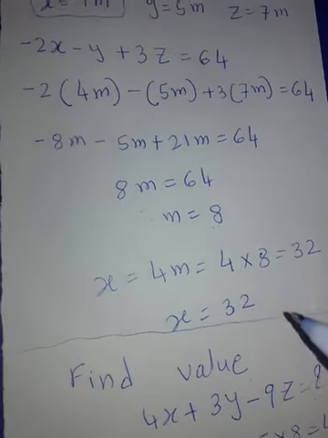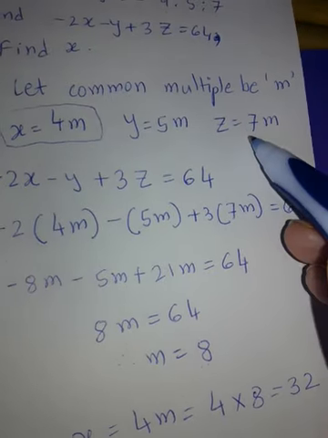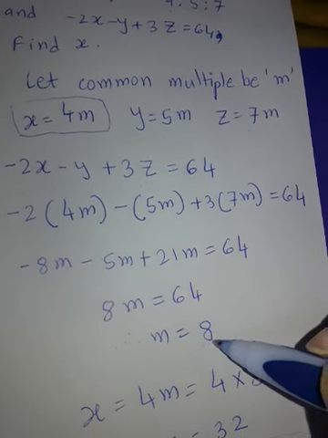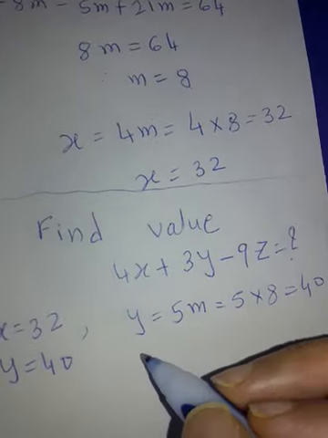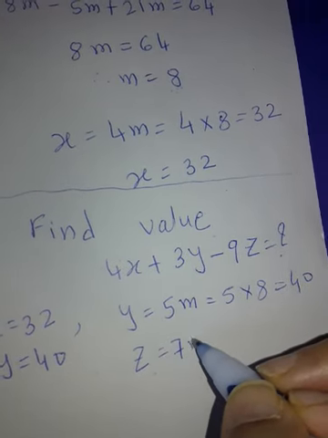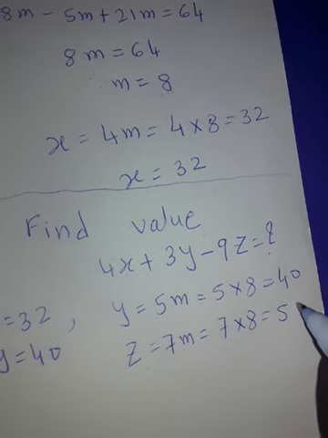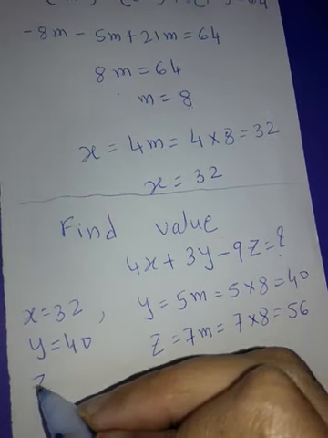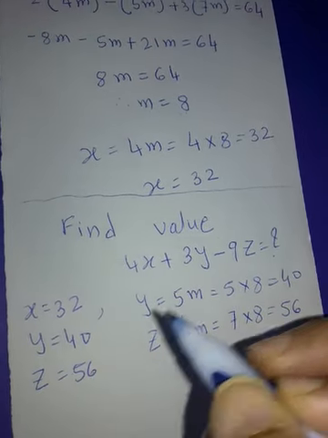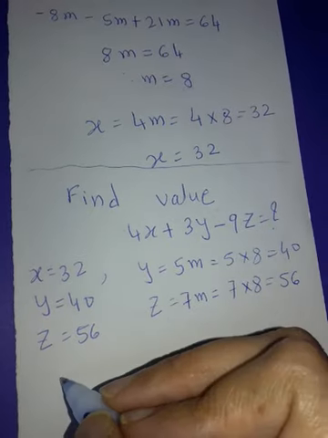Now we want Z also. Z is 7m and m is 8. So Z is 56. Now can I find this?